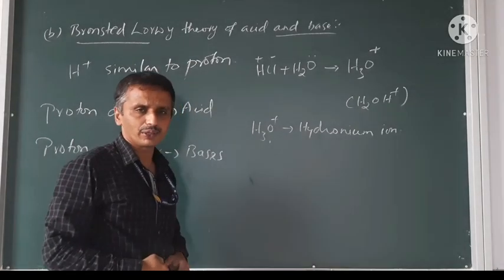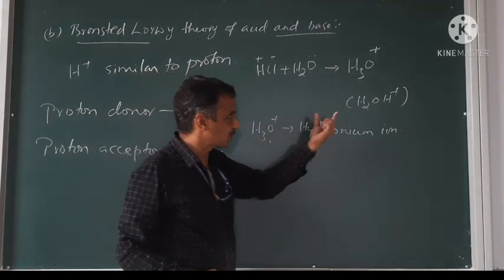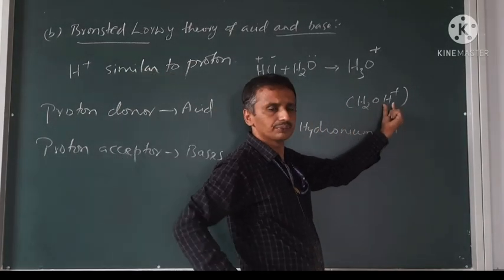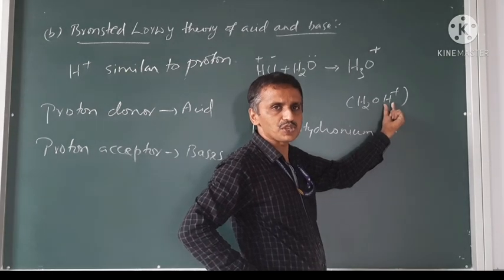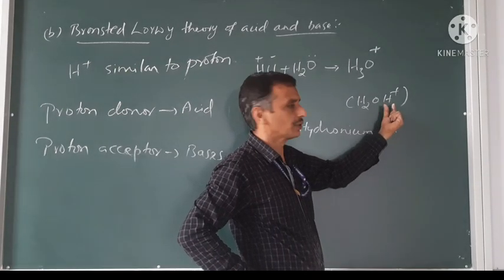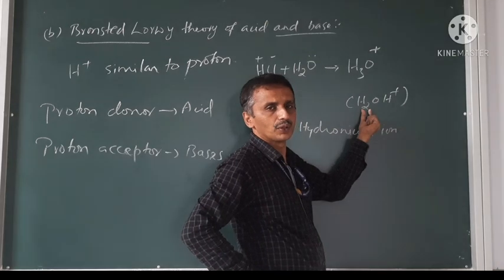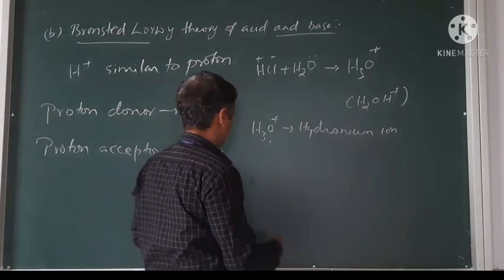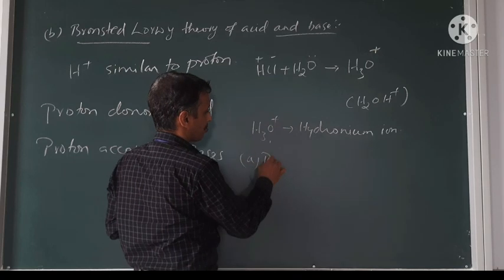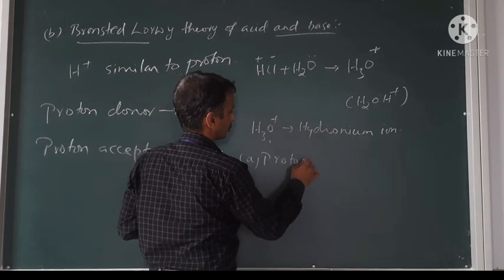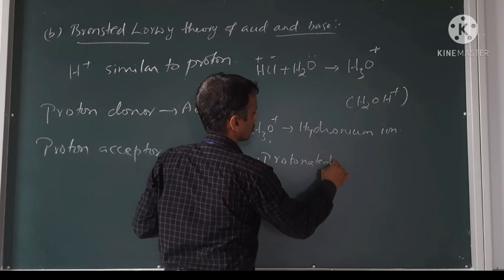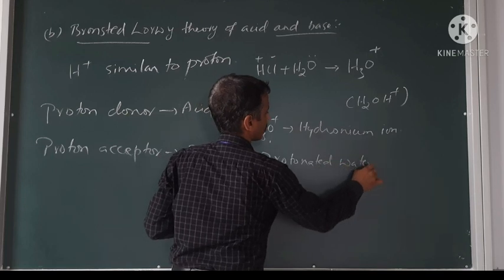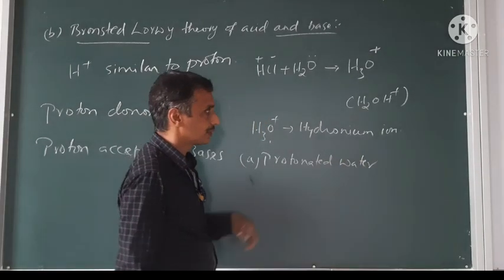So what is the hydronium ion? See, H plus is similar to a proton, and this is water, so I can say protonated water. First definition: protonated water. It is the hydronium ion.